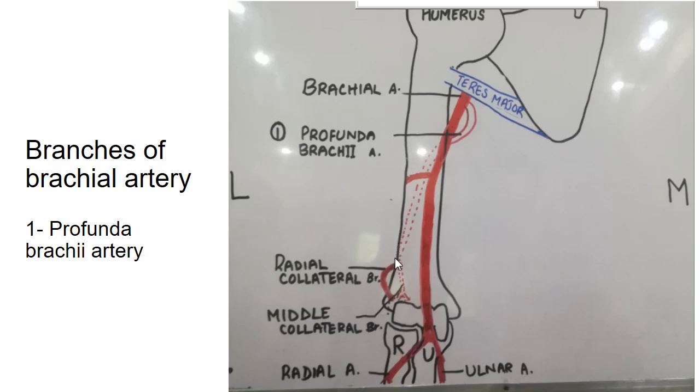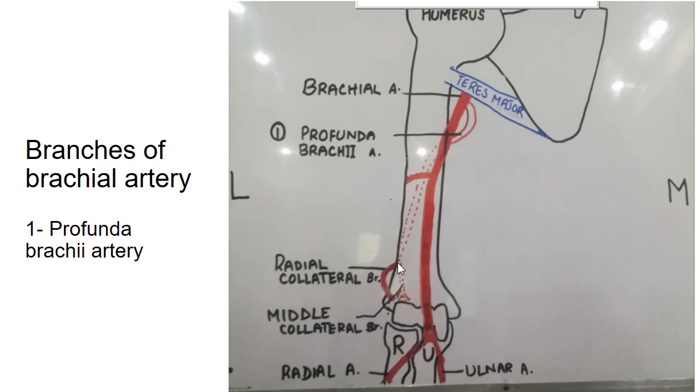When it reaches near the lower end of humerus, this profunda brachii artery divides into 2 terminal branches. The first one being the radial collateral branch, the second one being the middle collateral branch.